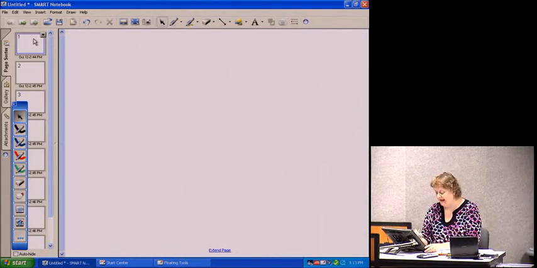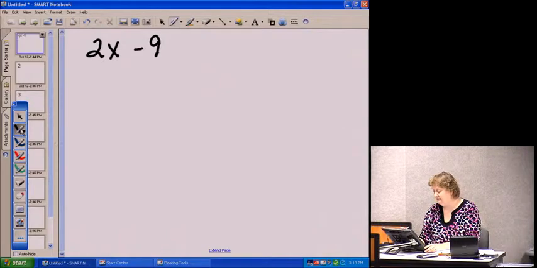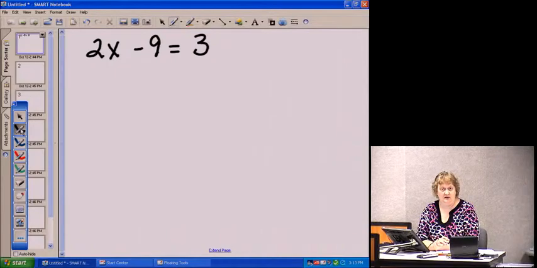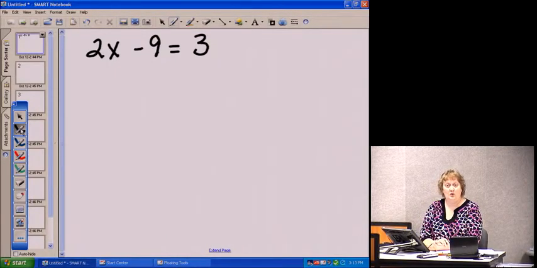The first example I have is 2x minus 9 equal to 3. And as we solve these, we want to remember that first, our goal is to get the x by itself. Secondly, to get the x by itself, we're going to work in the opposite order of our order of operations.